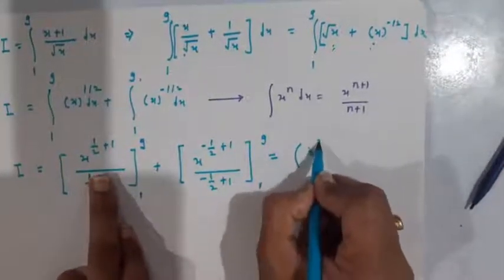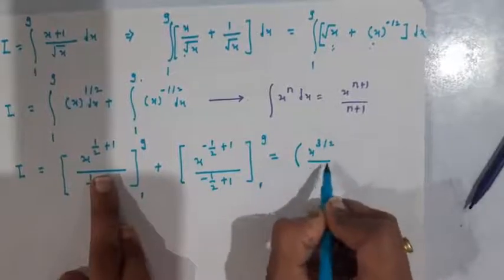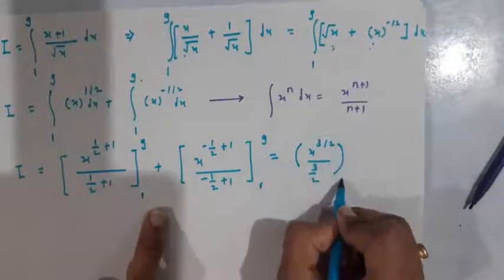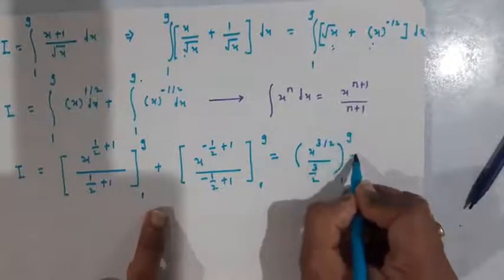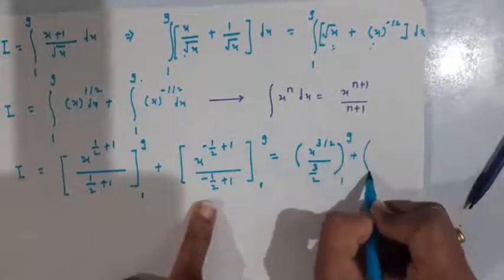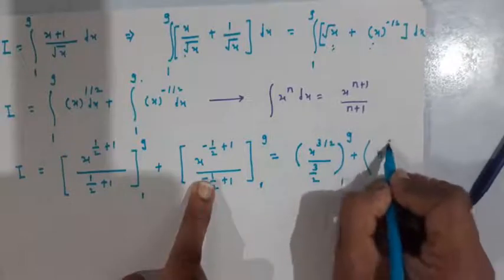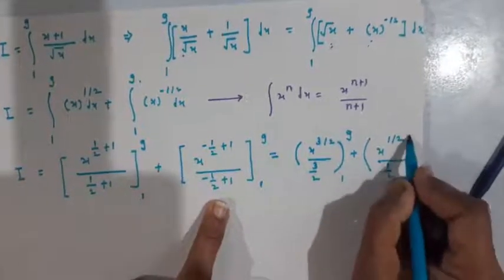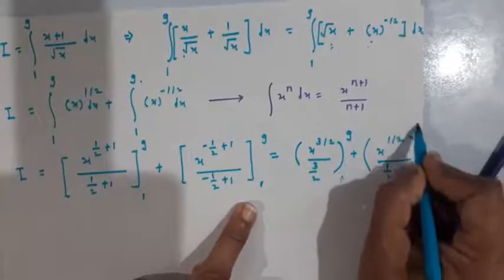And this is equal to x raised to 3 by 2 upon 3 by 2, limits of integration 1 to 9, plus x raised to 1 by 2 upon 1 by 2, limits of integration 1 to 9.